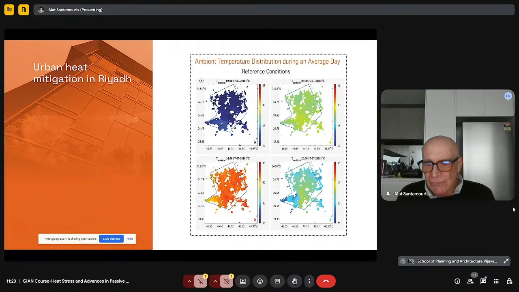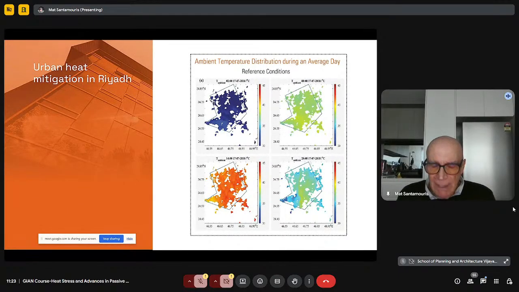And also, it is very difficult from 16 stations to have important information about the specificities at the ground level. So by using the already validated mesoscale model, we calculated the spatial distribution of the temperature during the whole year, and so we had a reference.